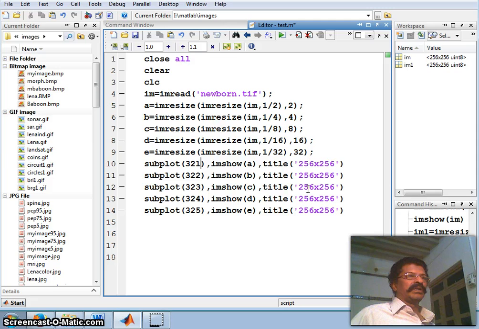Alright, so A is what we have reduced by 2, therefore 256 by half is nothing but 128 by 128. Alright, and this image will be, since half of this one, 64 into 64, and this image will be 64.